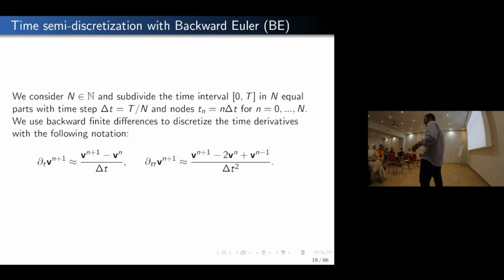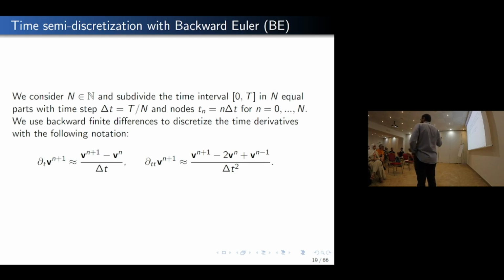Now we move to the time semi-discretization with the backward Euler method. So basically we consider a positive integer N, and we subdivide the time interval (0,T) into N equal parts, and we use backward finite differences to discretize the time derivatives with this notation.